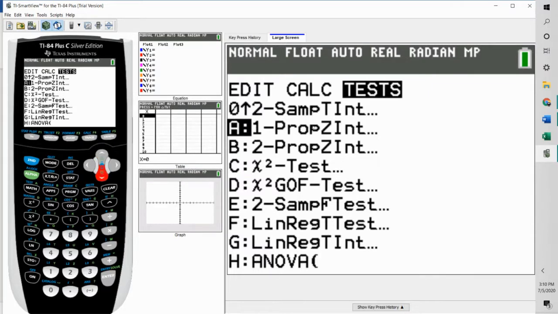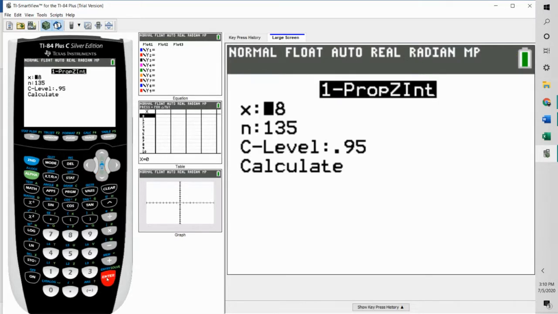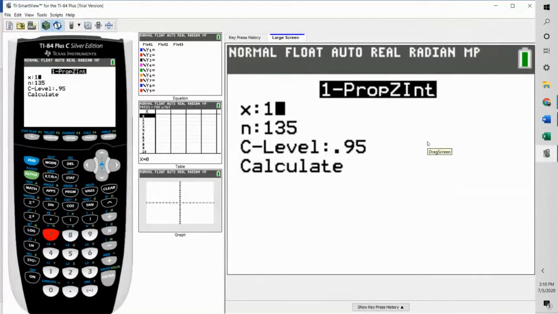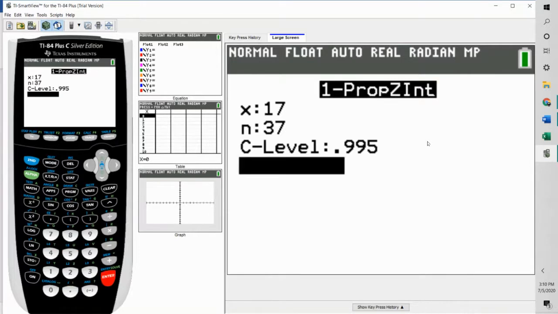We want 1 proportion z interval. Enter. On this one we said 17 out of 37 because it was just the males. 17 out of 37, and we wanted 99.5.